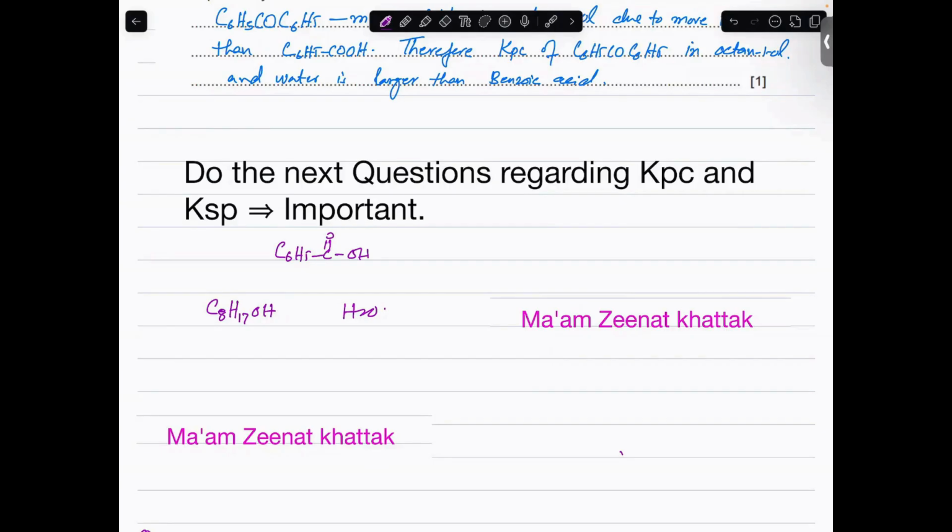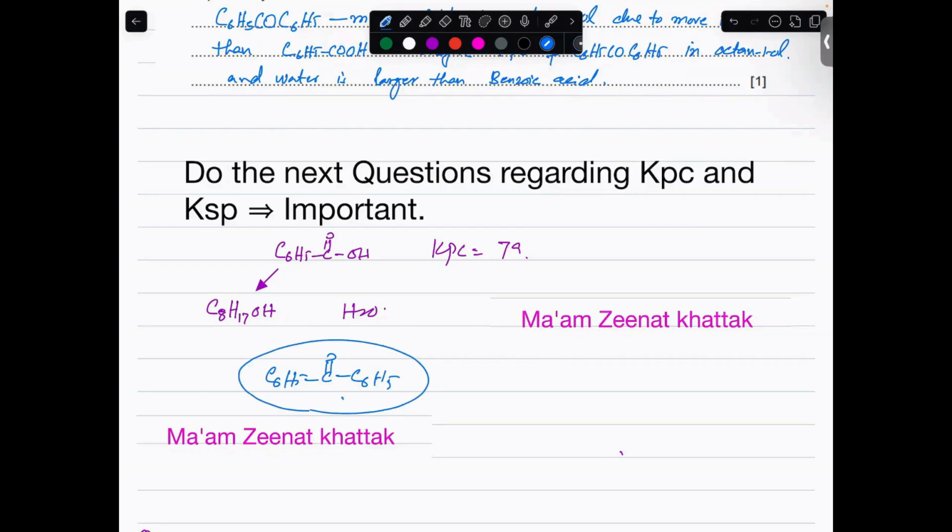I agree that is more soluble, and the Kpc is 79 something. Now there is another solute, benzophenone. Which one would be more soluble in octan-1-ol? Definitely this. If it is much more soluble, the Kpc would be much larger.